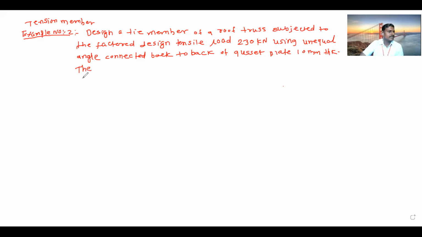The center to center length of member is 2.8 meter.